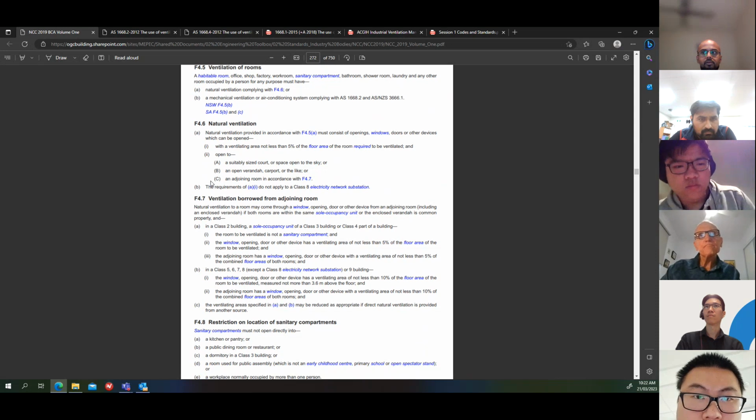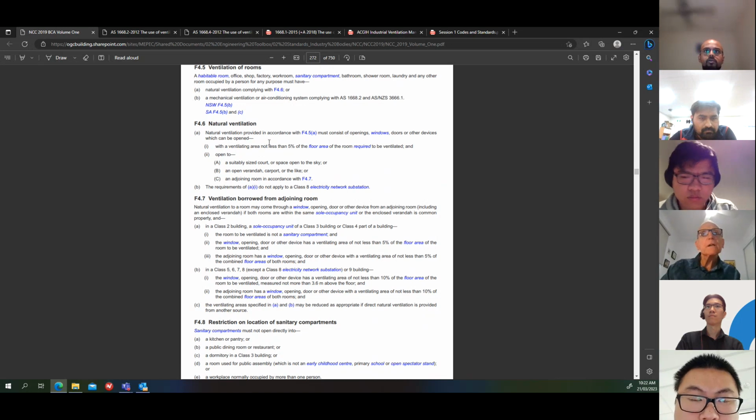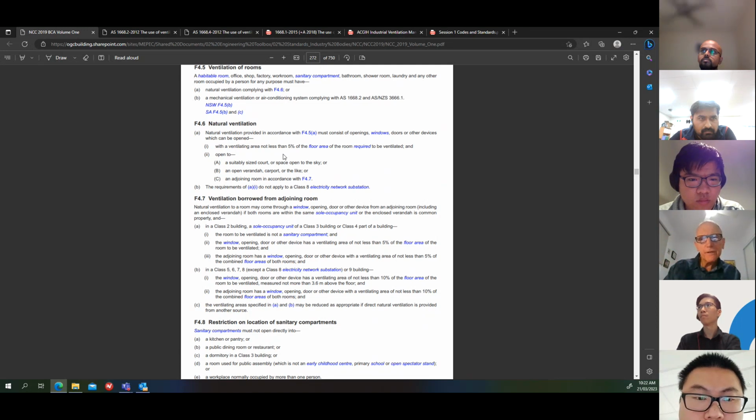For instance, if it's an apartment building with openings directly to outside, you need 5% of the floor area of the room to be ventilated, has to be openable. So if you've got a door that goes out to a balcony off a living room, if that's 5% of the floor area, you can use natural ventilation.